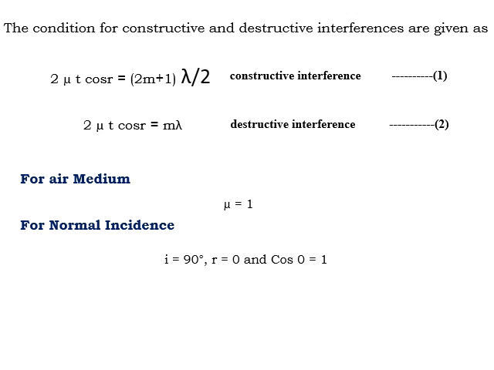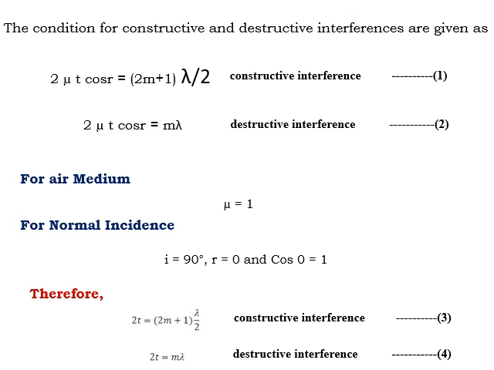For normal incidence, the angle of reflection will be r is equal to 0. Therefore, cos 0 will be 1. Therefore, if we put these values in equations 1 and 2, then the conditions will become 2t is equal to (2m plus 1) lambda by 2 for constructive interference, and 2t is equal to m lambda for destructive interference, that we have to use in further calculations.